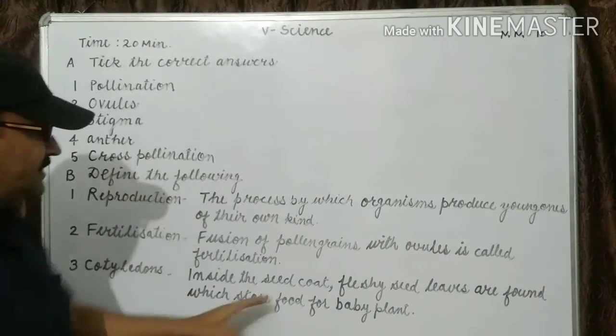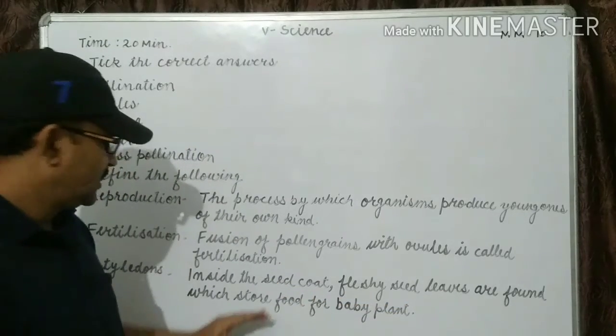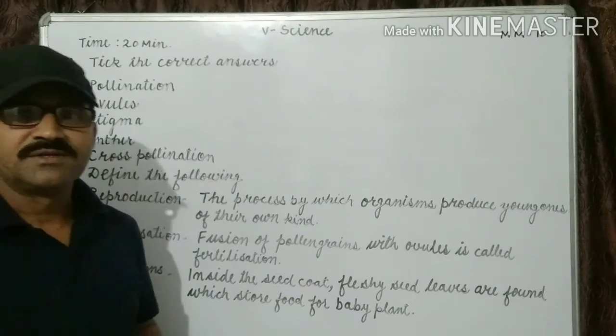Clear it? Inside the seed coat, fleshy seed leaves are found which store food for the baby plants.